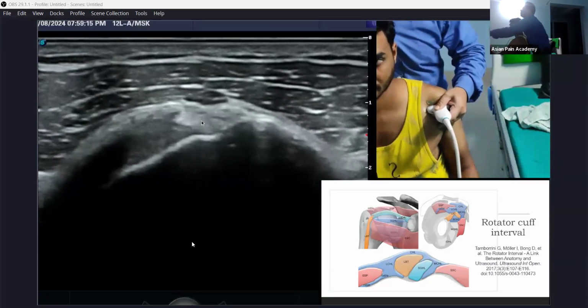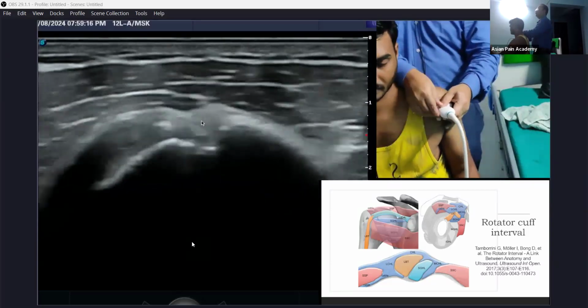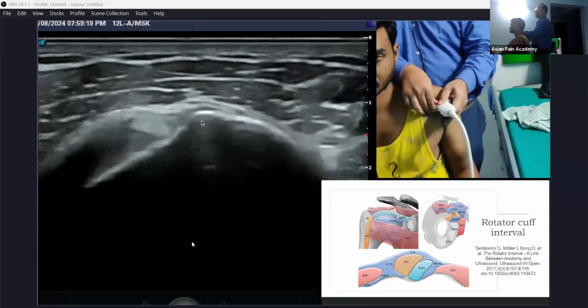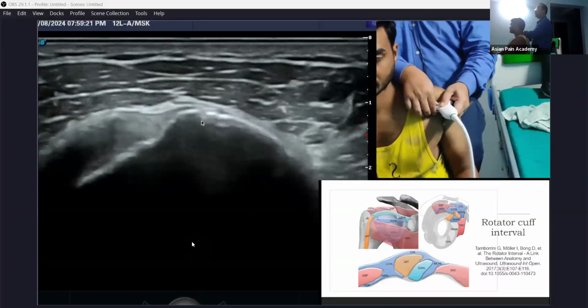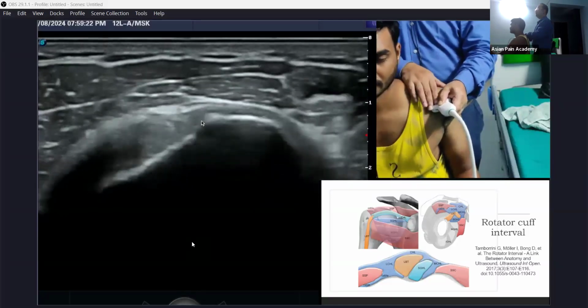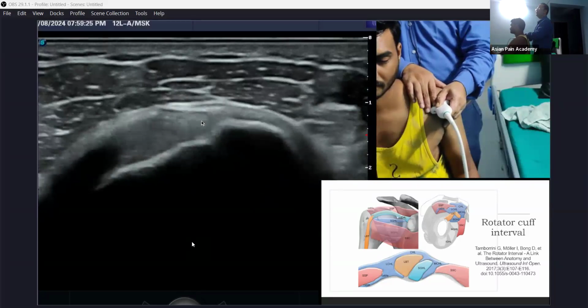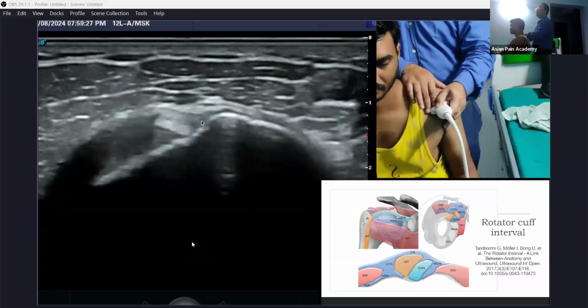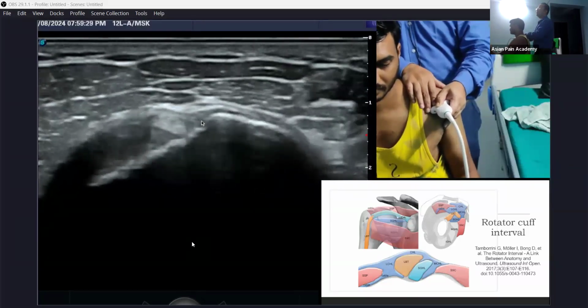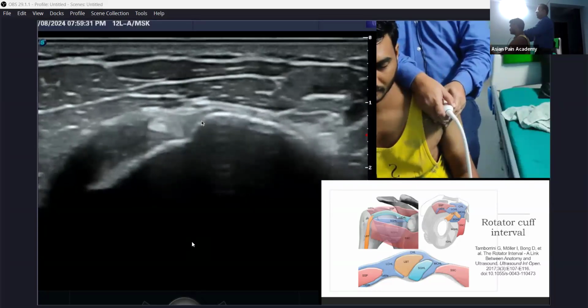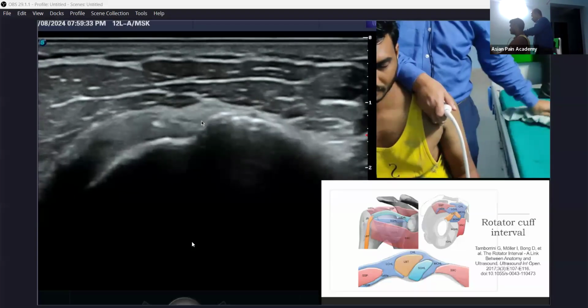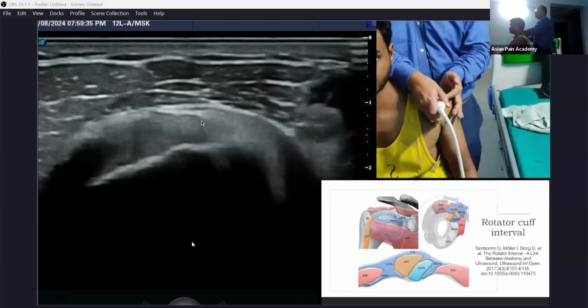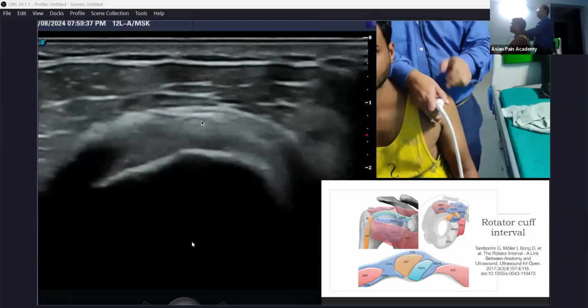Now, when I want to see the rotator cuff interval, first I need to come to the most upper part, from where the tendon is tilted and just about to go into the intra-articular position. Then I will tilt one end towards the acromial side.